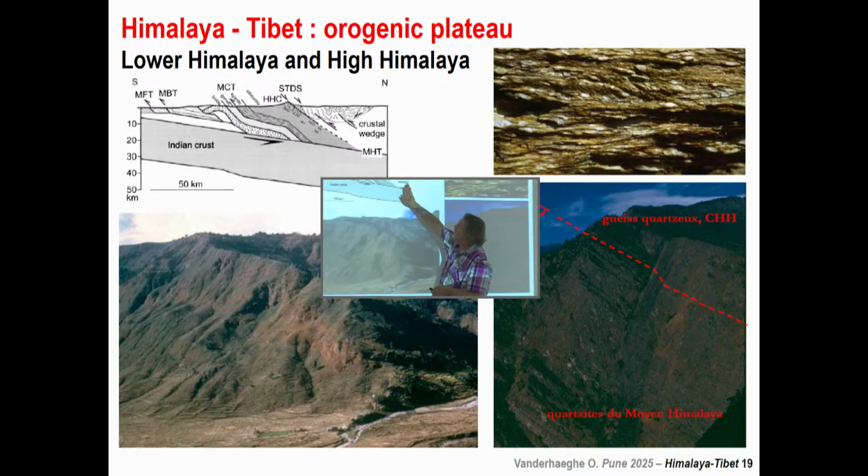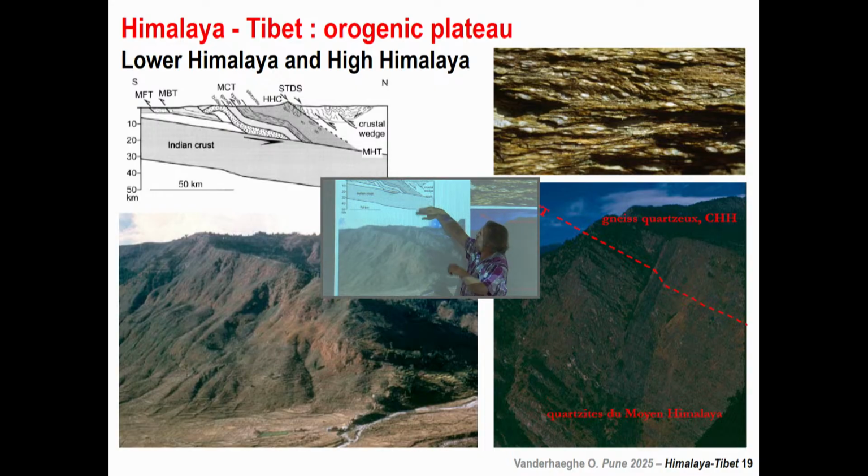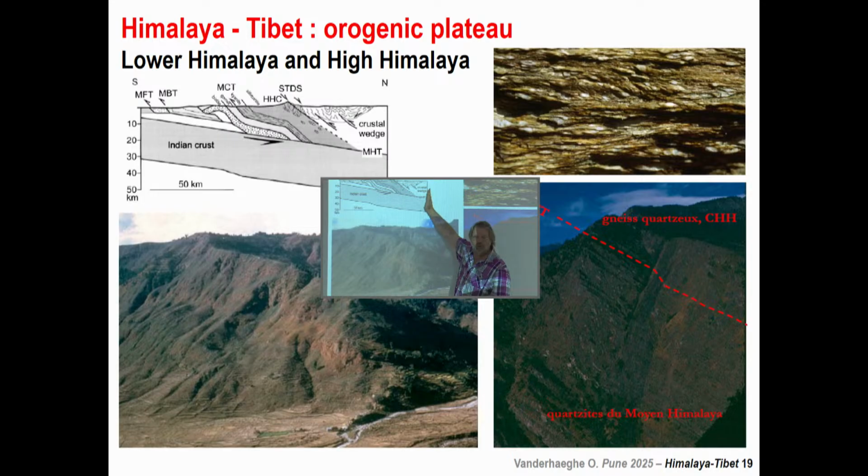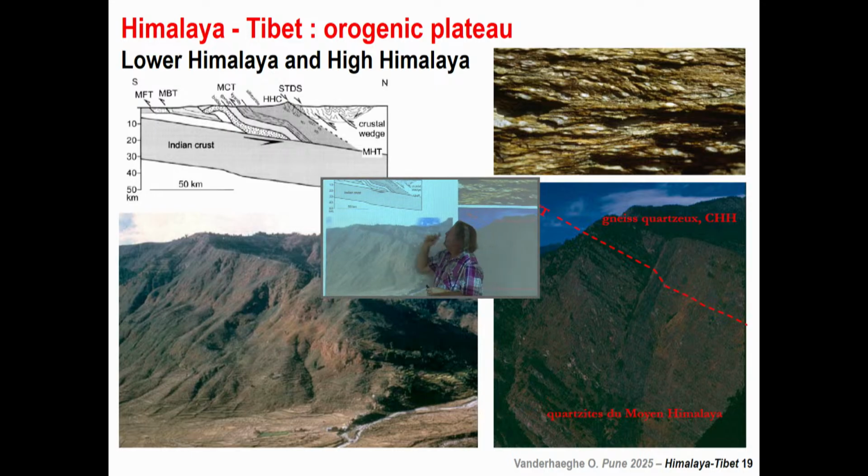And that was enough for the geologists of the Himalayas. They stop their analysis there, right? Everything that goes to the east is not part of the story. And we have here an interesting feature that I'm going to show next.